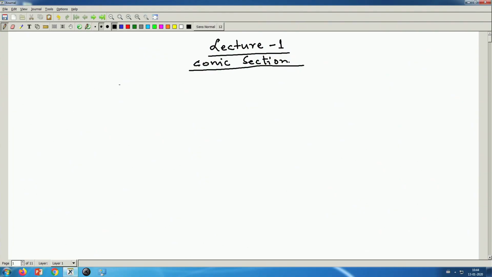To start with, let us say we have a cone here like this, and another cone.